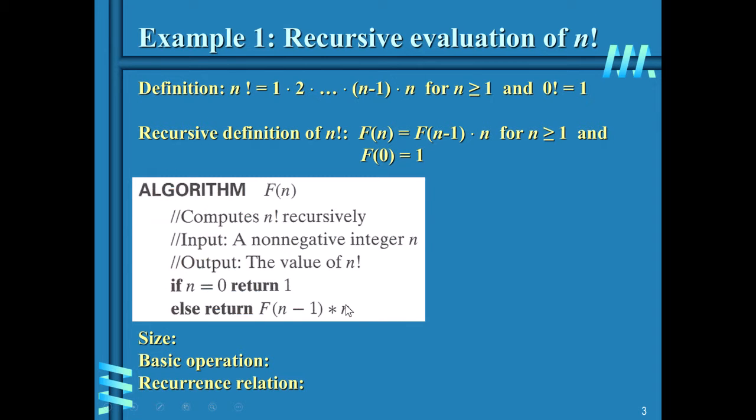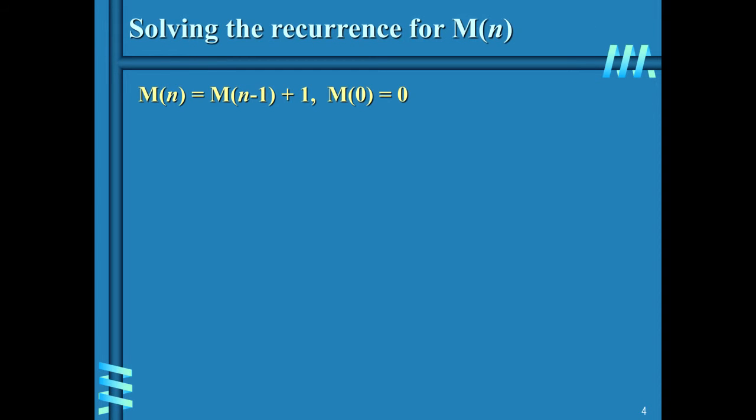Such that the basic recurrence relationship in runtime analysis for the factorial problem corresponds to M(n) equal to M(n-1) plus 1, M(0) equal to 0, and what we want to find out is M(n). And M here is just one symbol to represent the runtime for this factorial calculation. You can use any symbol: you can use M, you can use F, you can use T. It really depends on the interest of the implementation.